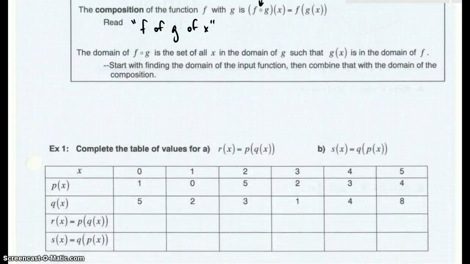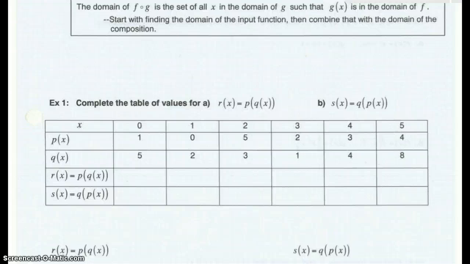So first we want to practice finding compositions using the table. We have a couple of functions here. We have function p in the top row. We have function q as the second row. And the first thing we want to identify is the values for function r. r is the composition of p with q.